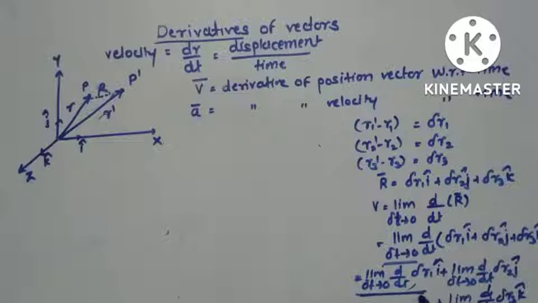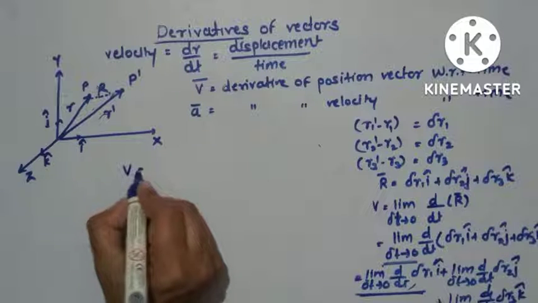This first term is nothing but the derivative of the position vector with respect to time along the x-axis. This is the derivative of the position vector with respect to time along the y-axis, and this is the derivative along the z-axis, and the derivative of the position vector with respect to time is nothing but the velocity.